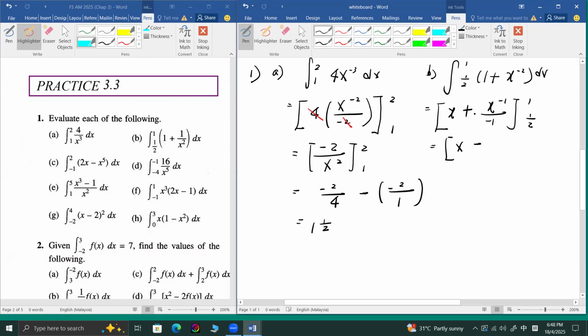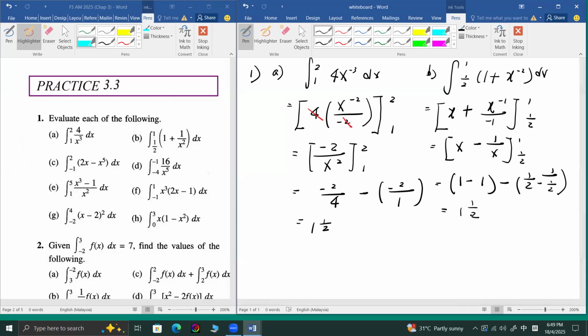Minus, negative, negative, so shift the power -1 back down. We substitute when x is 1, 1 minus 1 per 1, minus when x is half, half minus 1 per half. Until here, you just get it directly from a calculator, okay? Can follow?